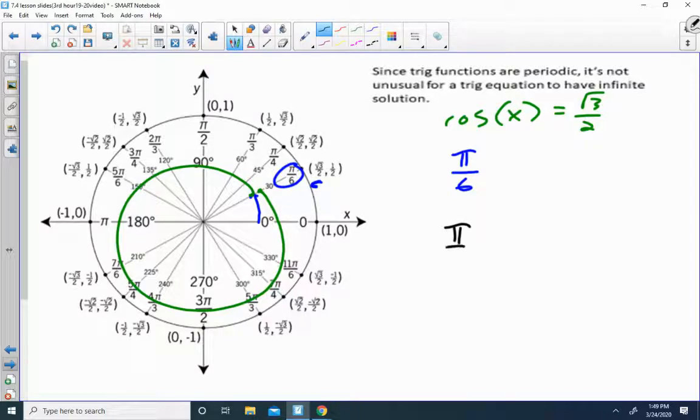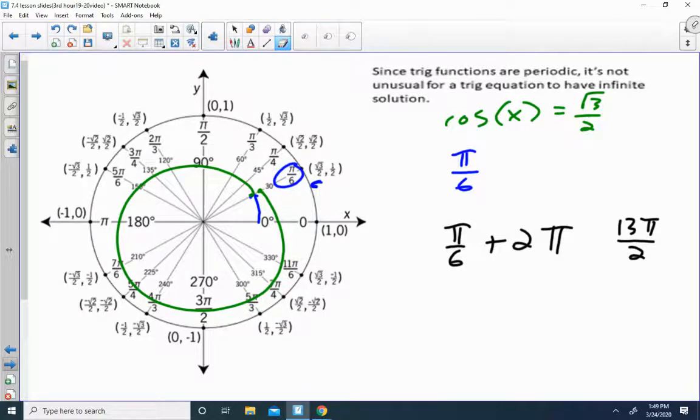So in other words, whatever pi over 6 plus 2 pi is, which if I do the math in my head, that would be 13 pi over 6. No, wait a minute. 12 pi. Yeah, 13 pi over 6. 13 pi over 6, that would also be a solution. But of course, it doesn't have to be just that loop.